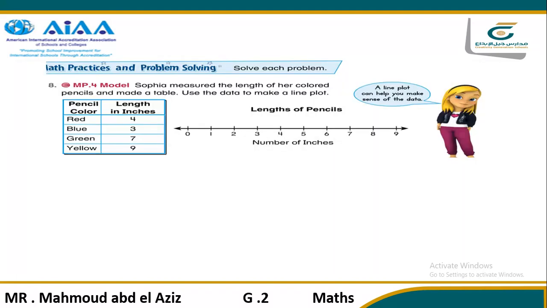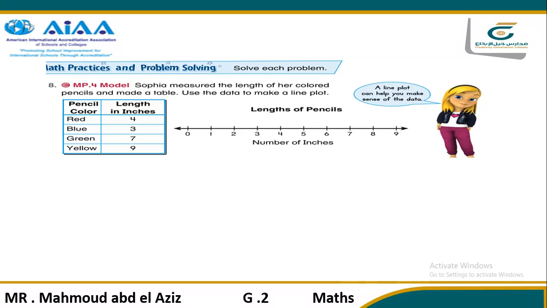So, dear students, with another question here. Sophia measured the length of her colored pencils and made a table. Use the data to make a line plot. We have here red pencil and blue and green and yellow.